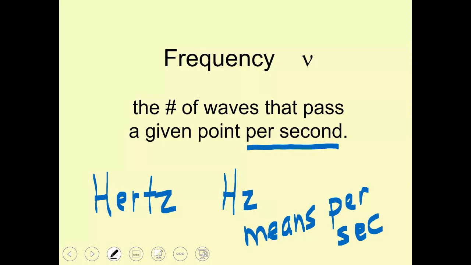I don't know if you remember mega from the metric that we did earlier, but that means there are 96.9 million waves passing per second in that radio station's signal, because radio waves do move at the speed of light. So we'll get into that a little bit, doing some calculations, but the unit for frequency is hertz.